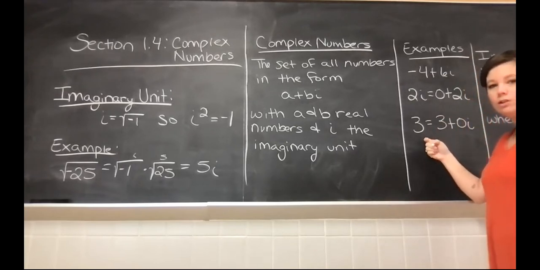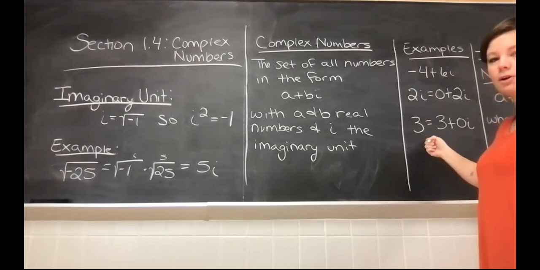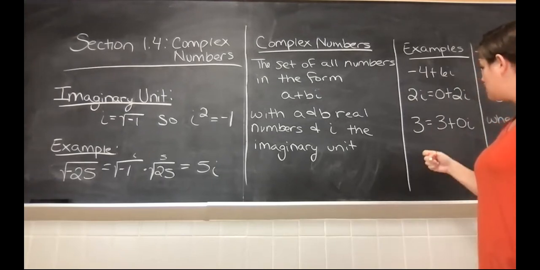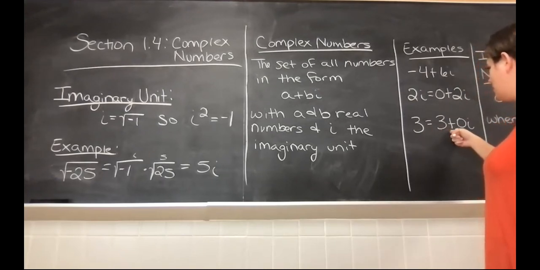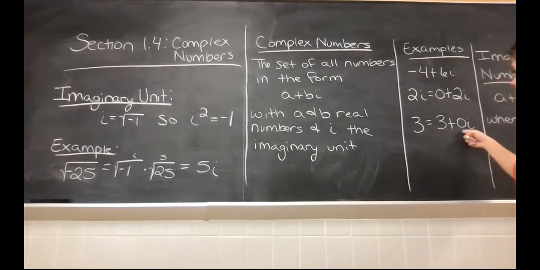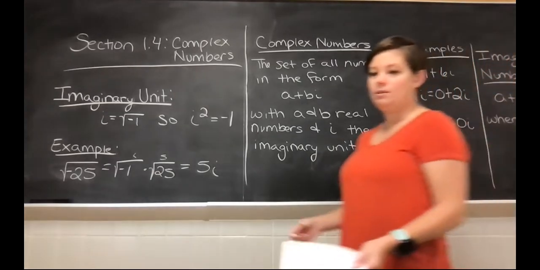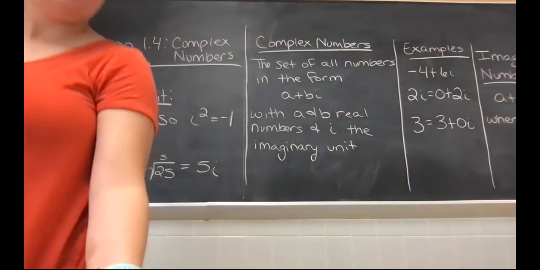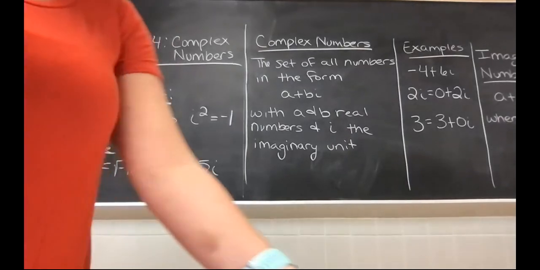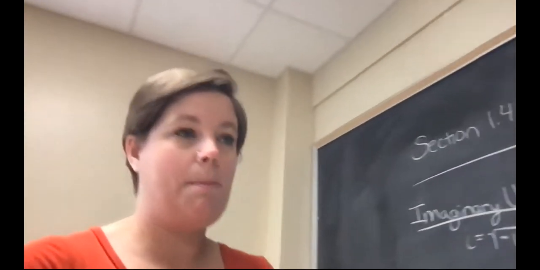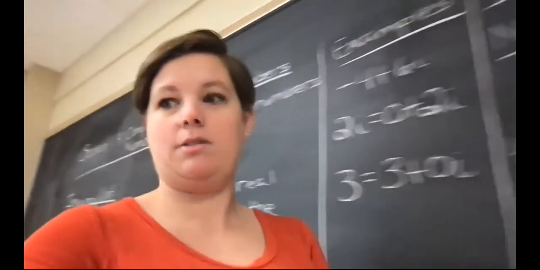That's why all real numbers can fall into the complex number category, because we could write it in terms of 3 plus 0i, or whatever plus 0i. So those are complex numbers. So complex, again, was the big blue box.